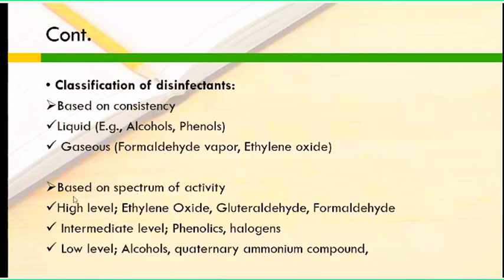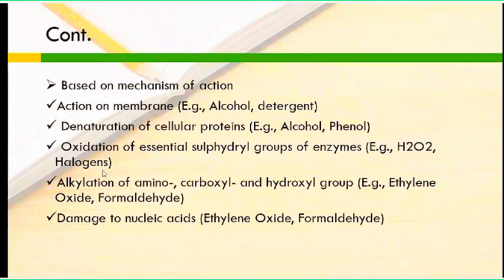Then another classification of disinfectants is the spectrum of activity. So you have the high level, you have the intermediate level, and you have the low level. Then you have another classification based on mechanism of action. So one, you have action on the membrane, for example, alcohol and detergents.